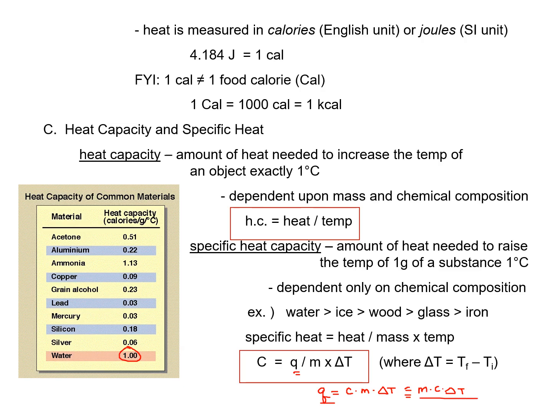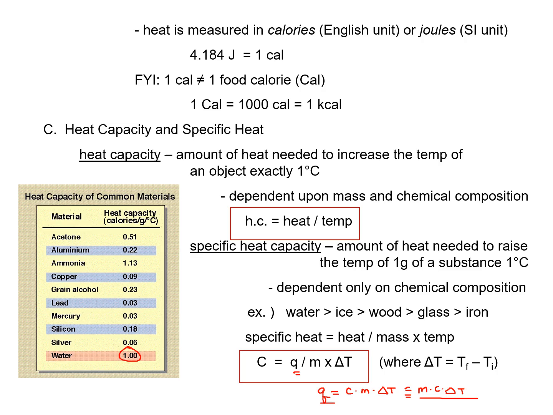And so it's easy to remember, and it's something that you do need to remember because we do use this quite often when we talk about the energy in chemical reactions. So the heat, the energy in a chemical reaction can be calculated using this equation. What's the mass of the substance? What's the specific heat capacity of the substance? And what's the change in temperature of the substance? Okay, so that's really useful.